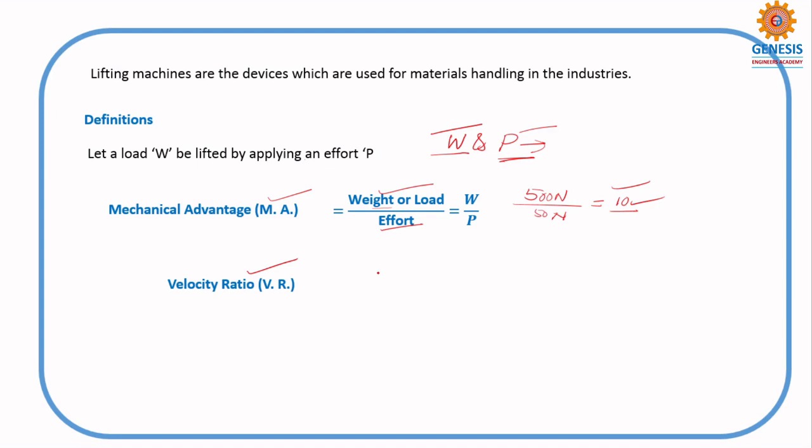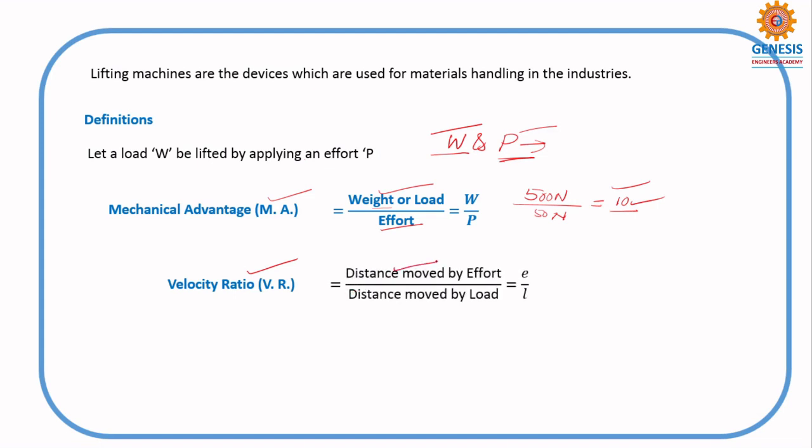As we pick up a bucket of water from the well, the person is applying force on the rope, that we call effort, and the bucket with water, that we call the load. Understand? That is the distance moved.